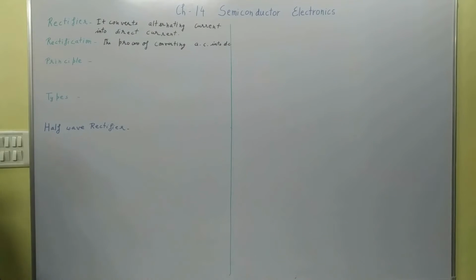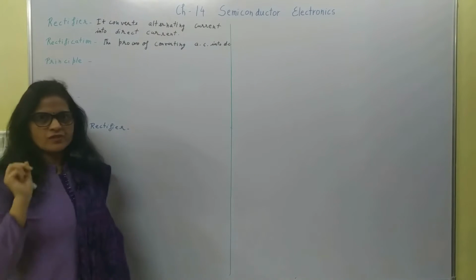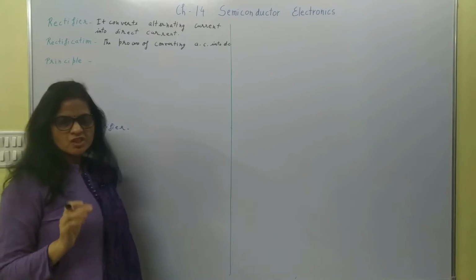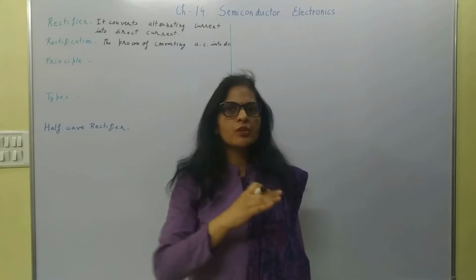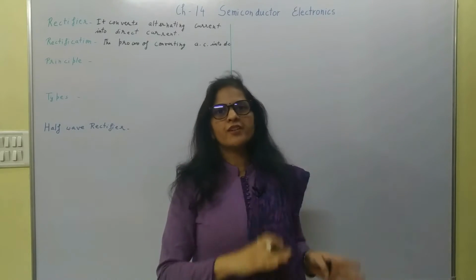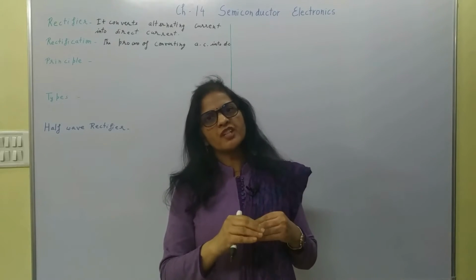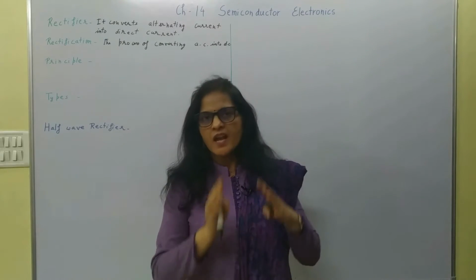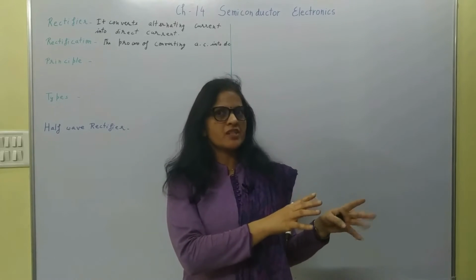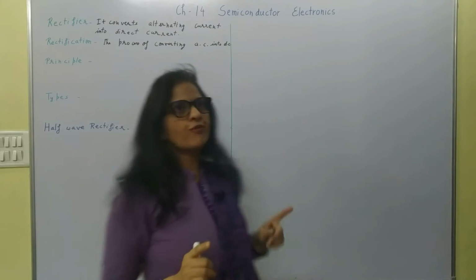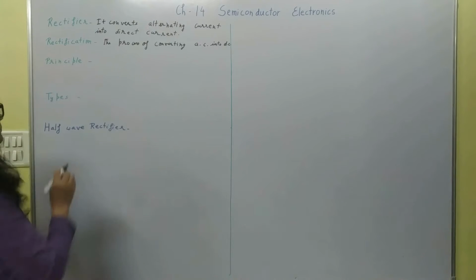What is the principle? We have studied about the PN junction diode in the previous video. We know that a PN junction diode conducts during forward bias, and in the reverse bias the current is negligible. So we can consider that a PN junction diode conducts only in forward bias and it does not conduct during reverse bias. This fact is the principle for a rectifier. So what is the principle?